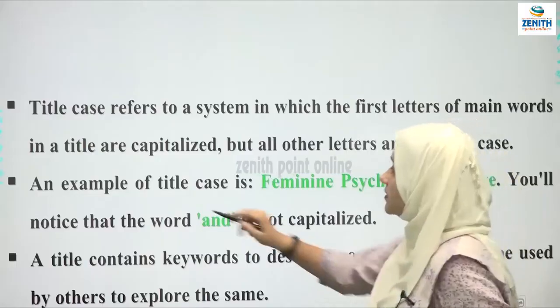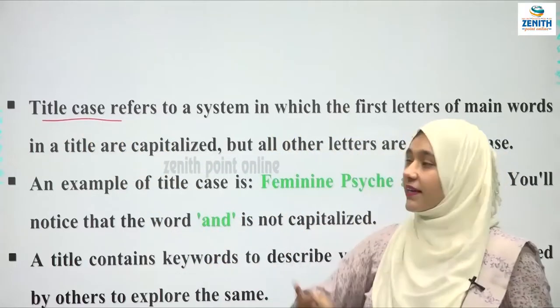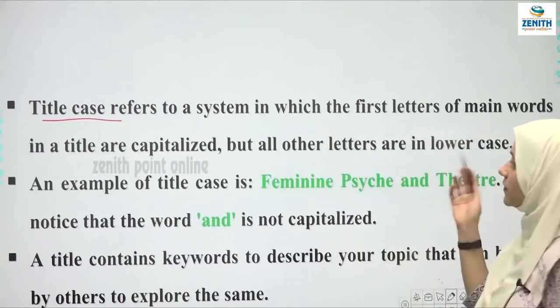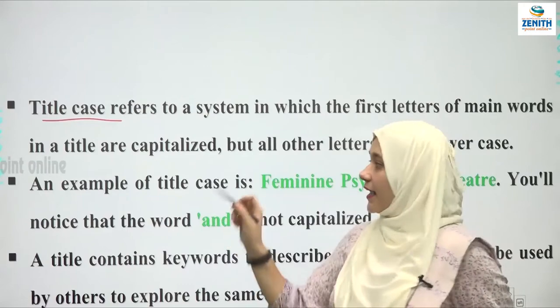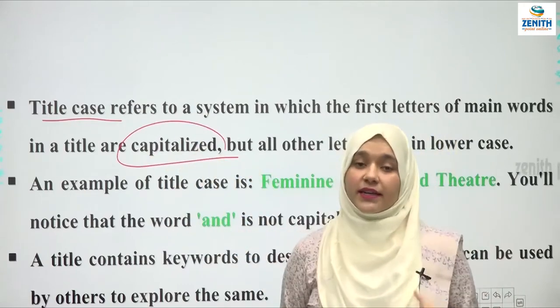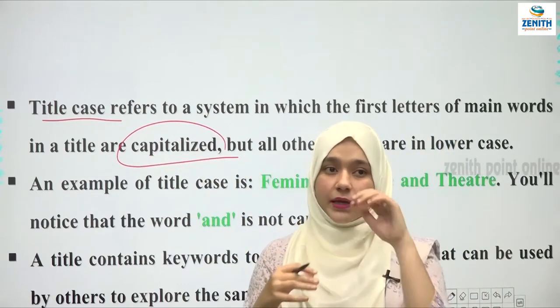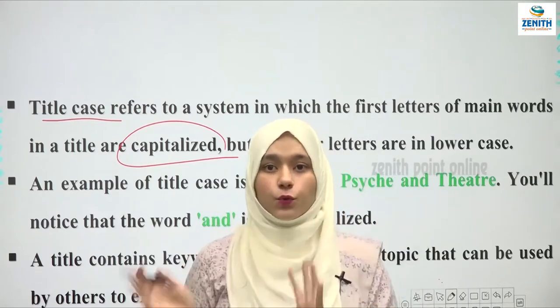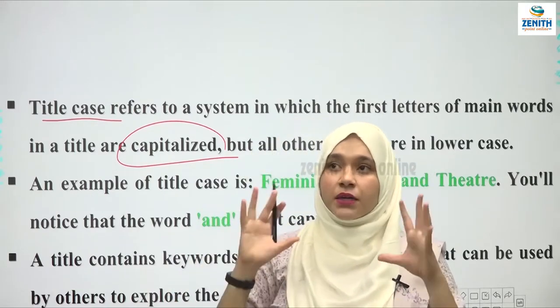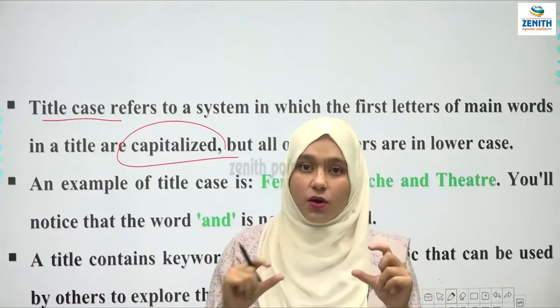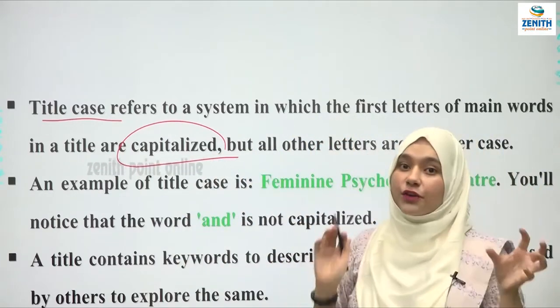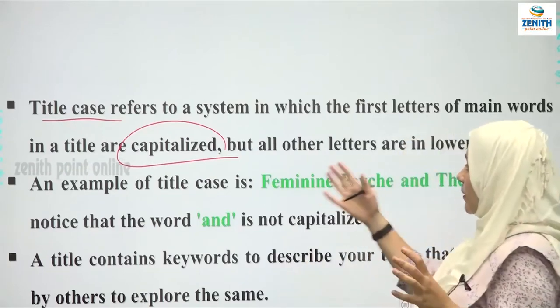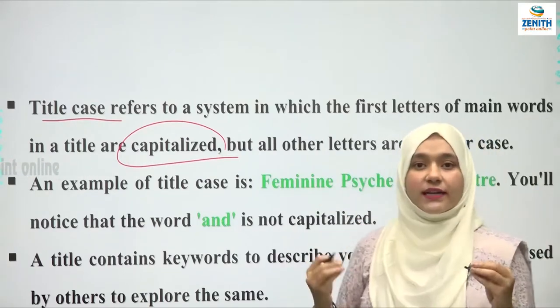All right, now the title case. So basically title case refers to a system in which the first letters of the main words in a title are capitalized. So when you are writing a title, according to APA style, your title should be between 10 to 12 words. The first letter of every key word in your title should be capitalized, but all other letters should be in lowercase.